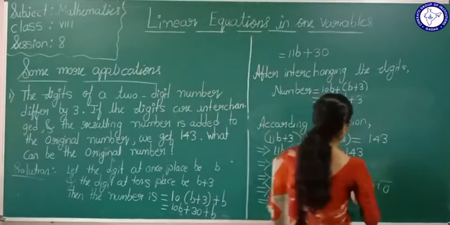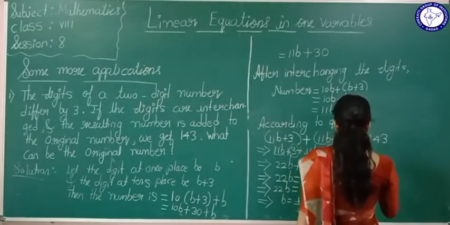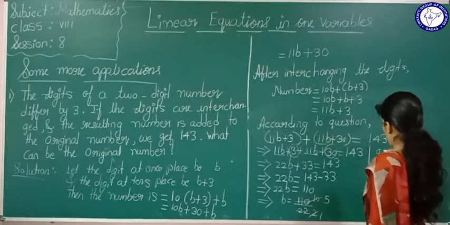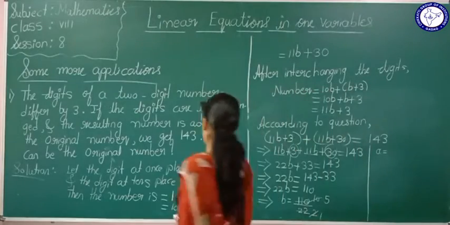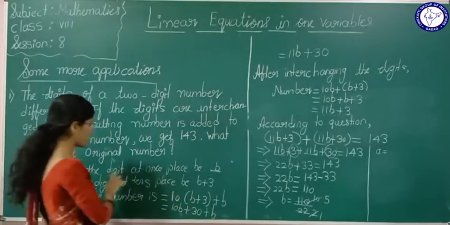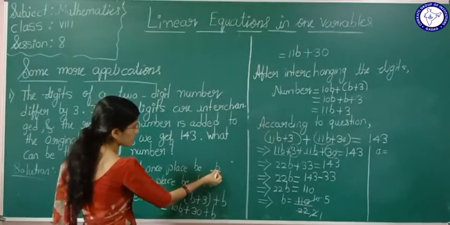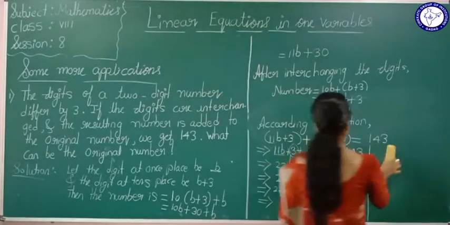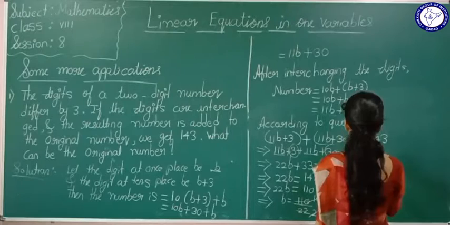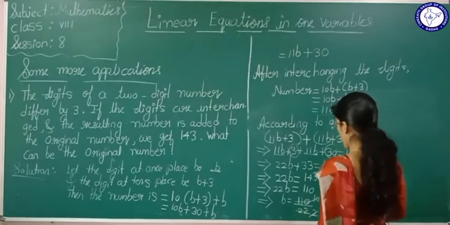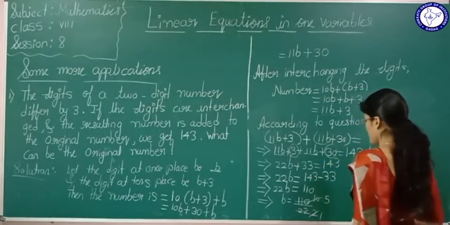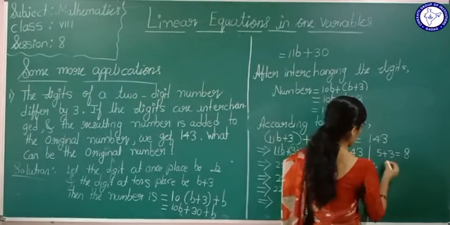If we got b is equal to 5, then what is the other digit? Let the digit at one's place we got, that is 5. The other digit is b plus 3, that is 5 plus 3, it is 8.